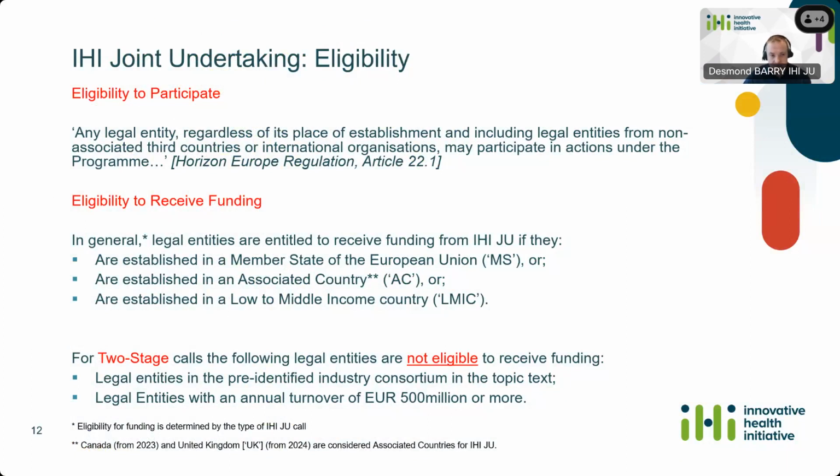So eligibility to participate, we say it here: any legal entity, regardless of place of establishment, where it's coming from, and even if they're from non-associated third countries or international organizations, may participate. What that basically means is, regardless of where you are coming from, with a couple of minor exceptions, which we'll talk about in an upcoming slide, you're very welcome to participate in an IHI project.